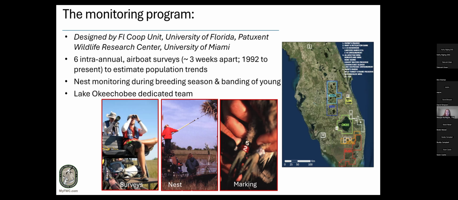As well as a statewide crew, the monitoring program has a dedicated monitoring crew for Lake Okeechobee that completes more intense monitoring on a weekly basis, because there is a decent contribution from that lake system.